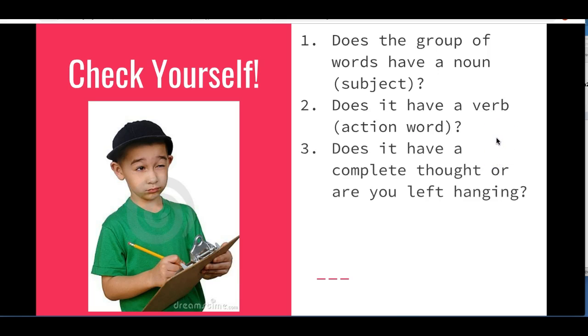Three, does it have a complete thought, or are you left hanging? And so what I suggest to mark this off your checklist is to read the sentence out loud to yourself, because you will hear if it's a complete thought or if it kind of leaves you hanging at the end of the sentence that you read.